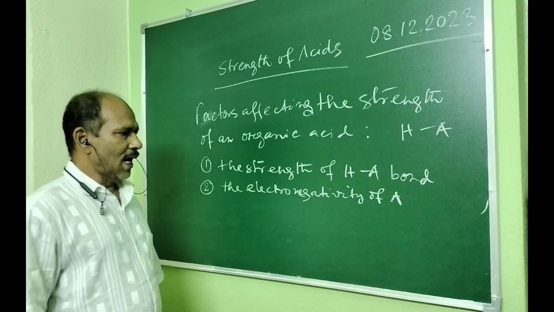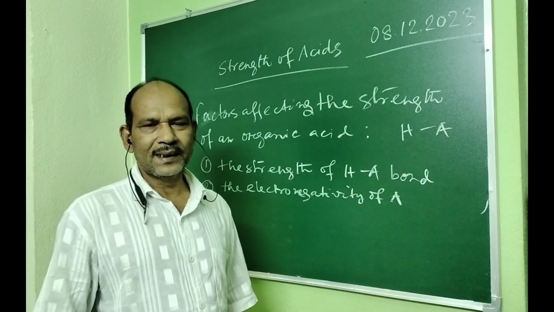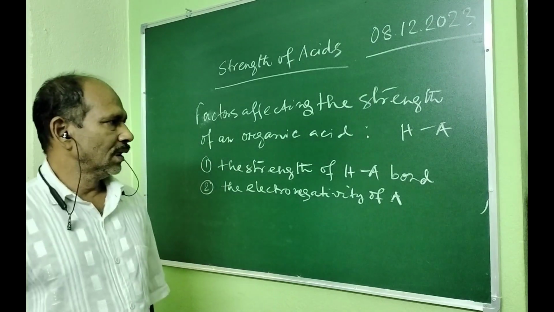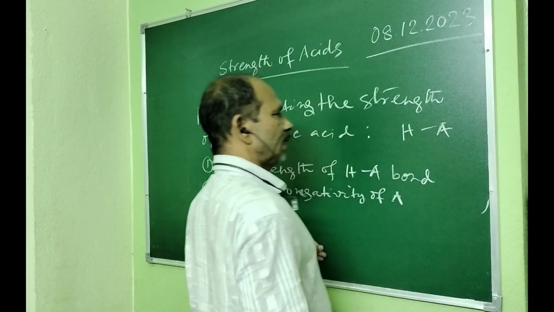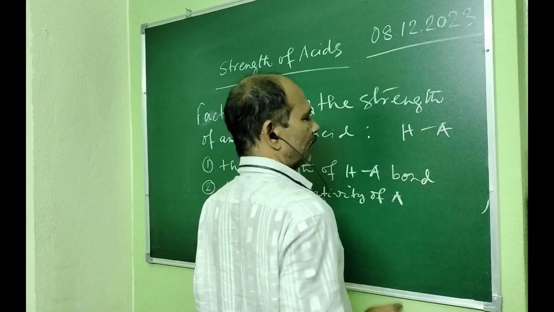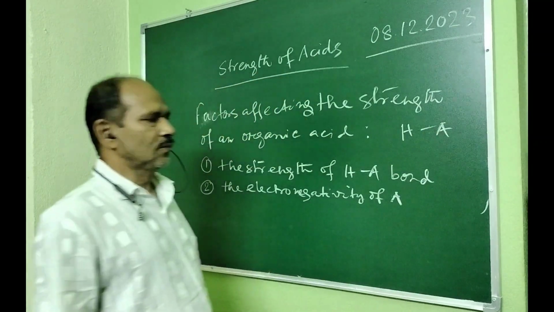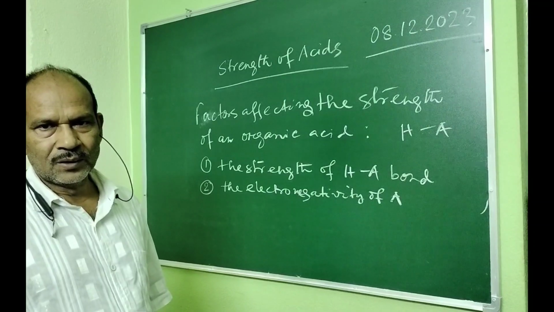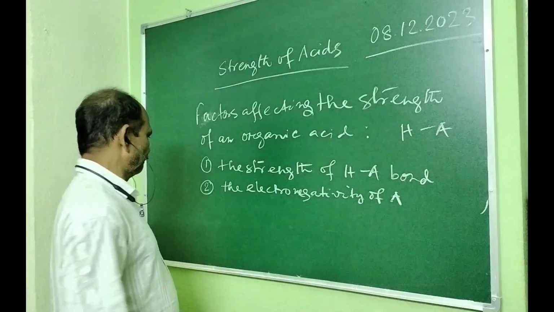The higher the electronegativity of A, the higher the acidity, because A being more electronegative, the electron pair forming the covalent bond is more drawn towards the A atom compared to the hydrogen atom.